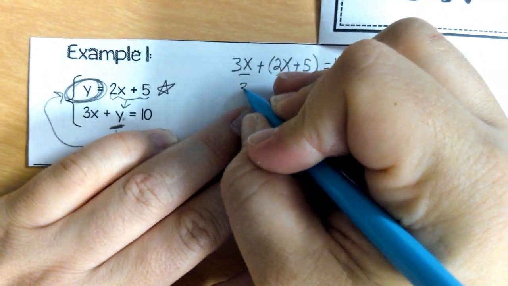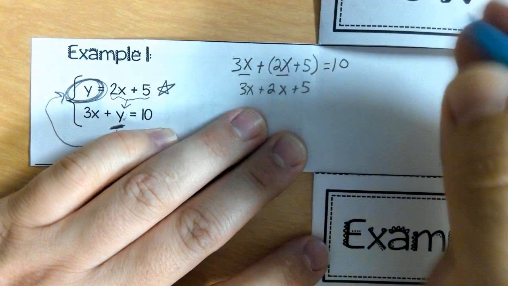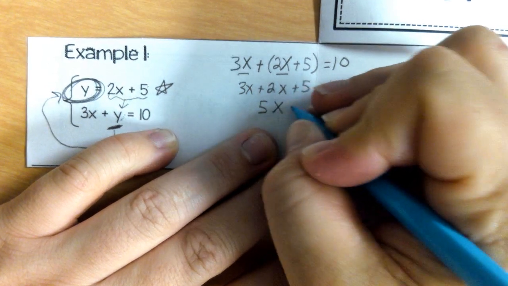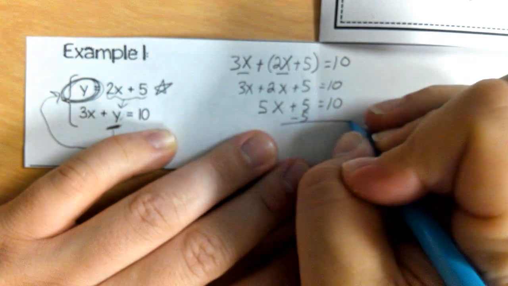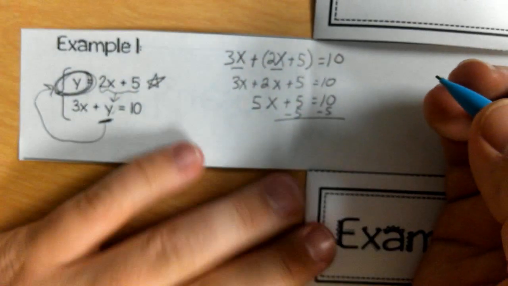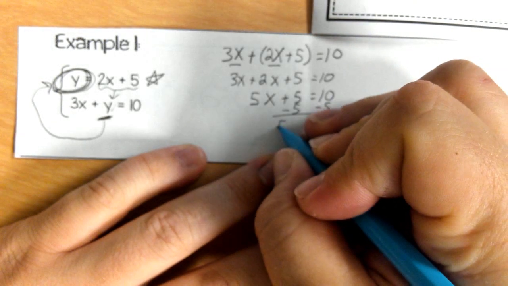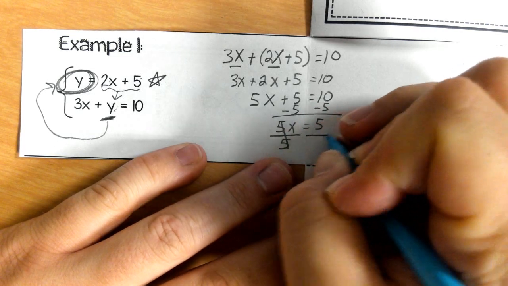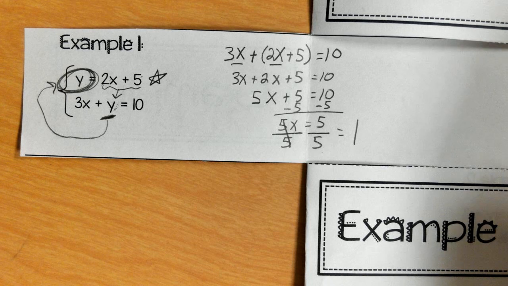When I distribute, I get 3x plus 2x plus 5 equals 10. These combine to 5x plus 5 equals 10. Subtract 5, I get 5x equals 5. Isolate, I get x equals 1.